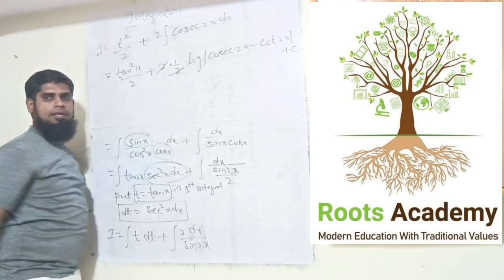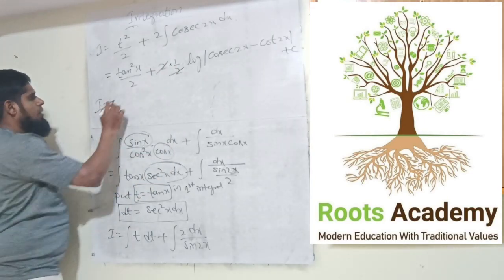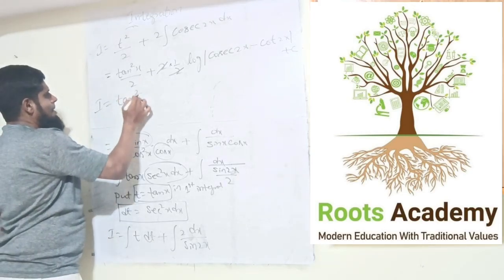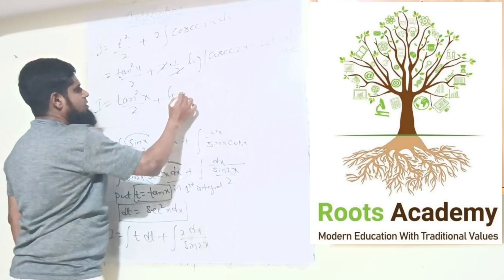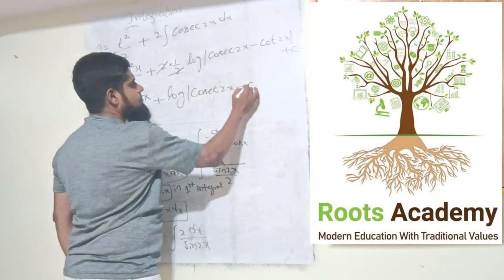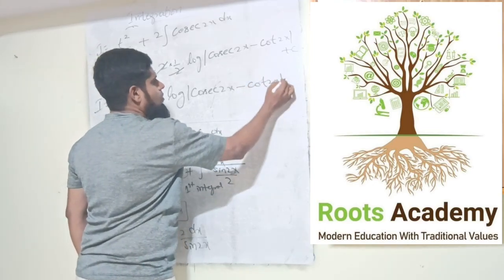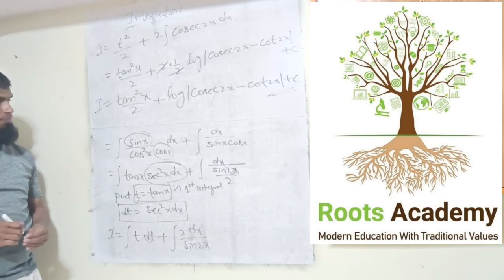This 2 and this 2 get cancelled. The final answer to the given integral is tan square x divided by 2 plus log mod cosecant 2x minus cot 2x plus c.